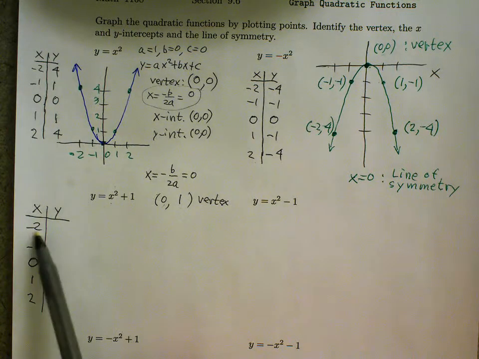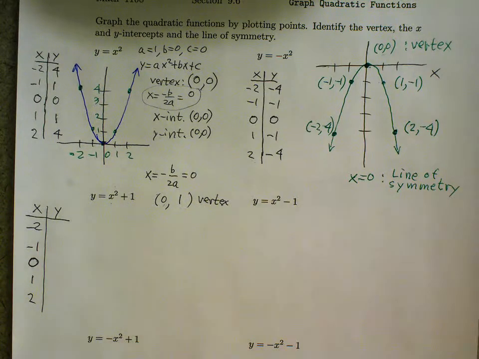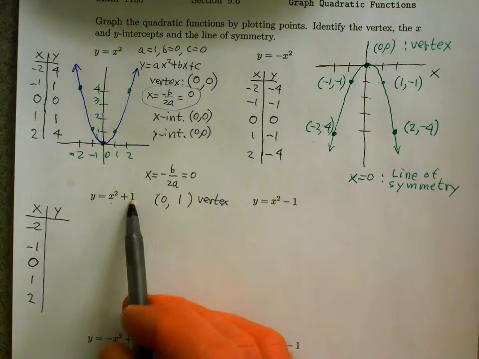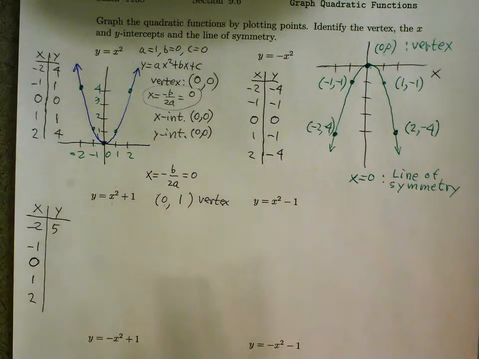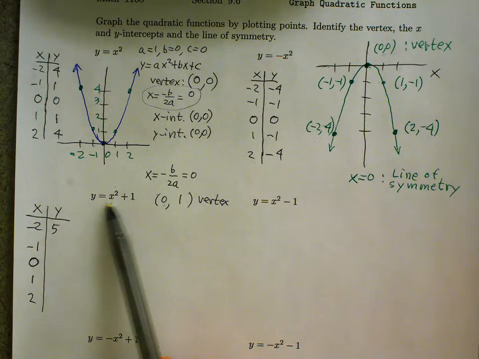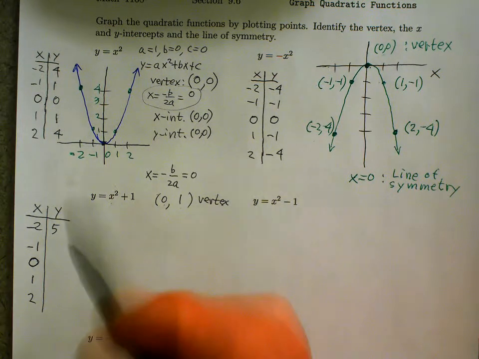Okay, so when x is negative 2, what's the y coordinate that goes with it? 5. Yeah, it's 5. The number negative 2 squared is 4. 4 plus 1 is 5. When x is negative 1, the y coordinate is the number negative 1 squared plus 1, which is 1 plus 1, or 2.